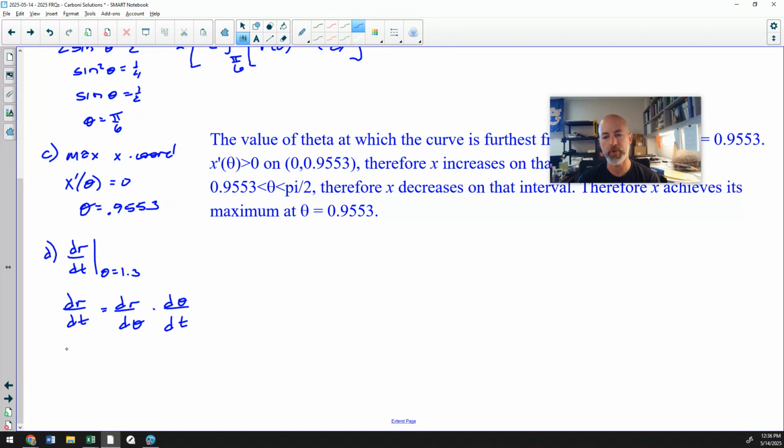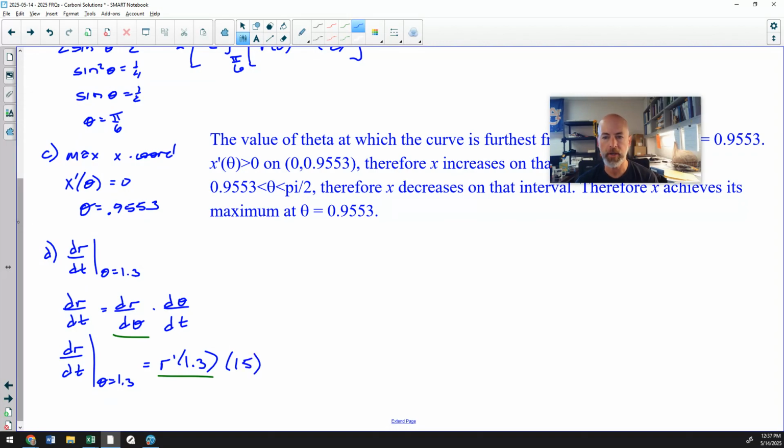Theta equals 1.3, so dr dt when theta equals 1.3 is going to be r prime of 1.3, and that's from the dr d theta, r prime of 1.3, times d theta dt, but they tell me d theta dt is 15.